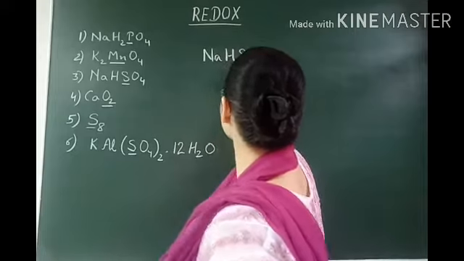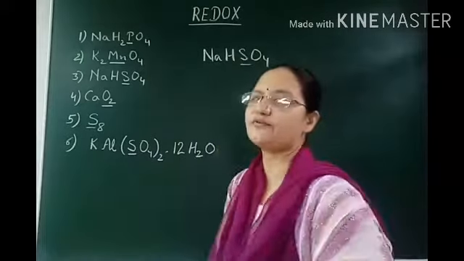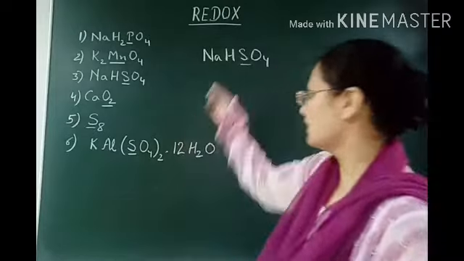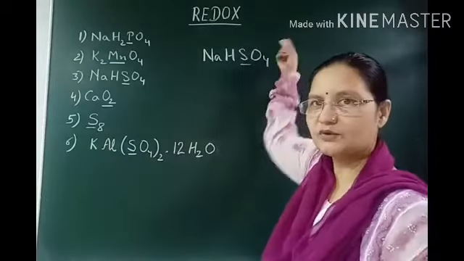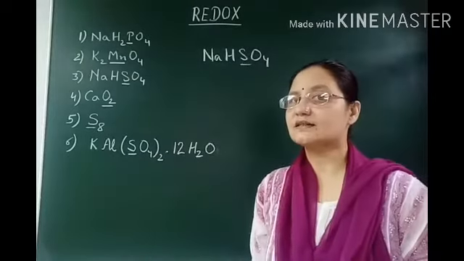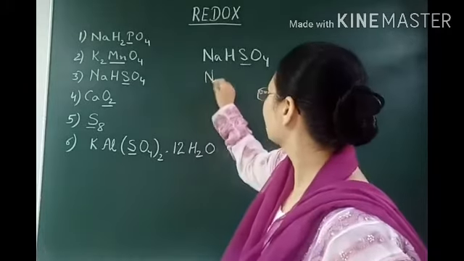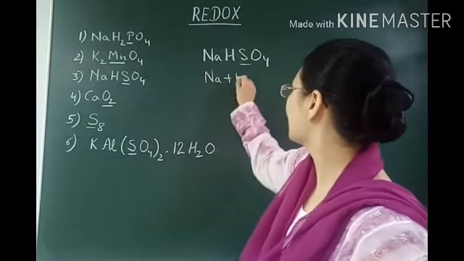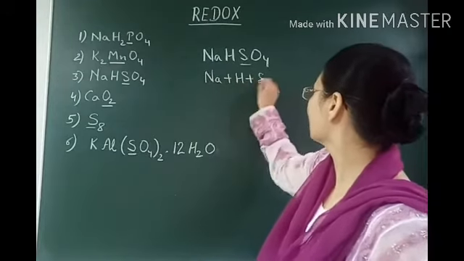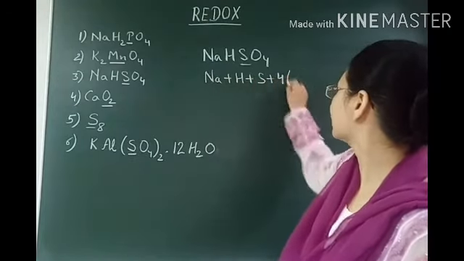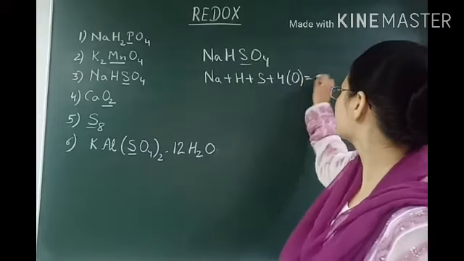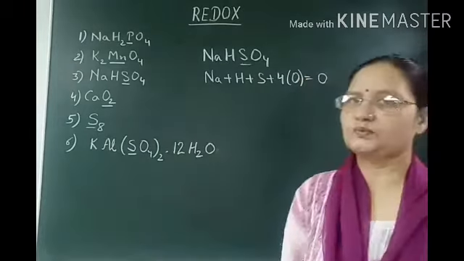In which we have to calculate the oxidation state for sulfur. Again, the neutral molecule, total sum is, yes, 0. So Na plus hydrogen plus sulfur plus 4 atoms of oxygen must be equal to 0.